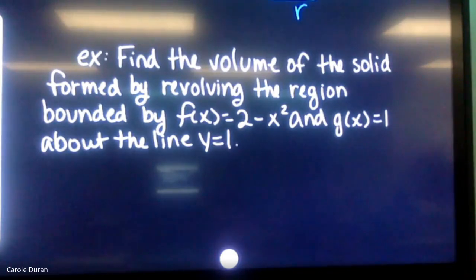So this says to find the volume of the solid formed by revolving the region bounded by f of x equals 2 minus x squared and g of x equals 1 about the line y equals 1.